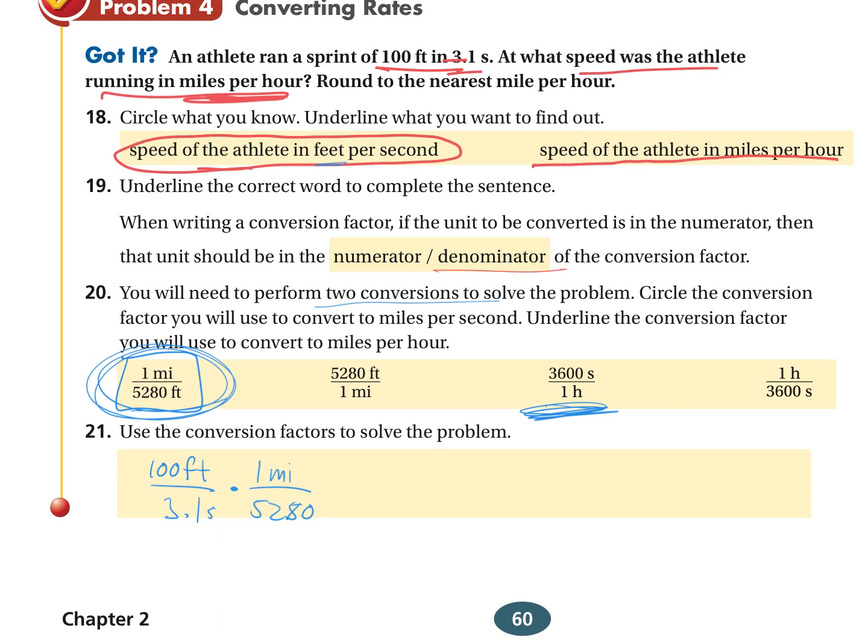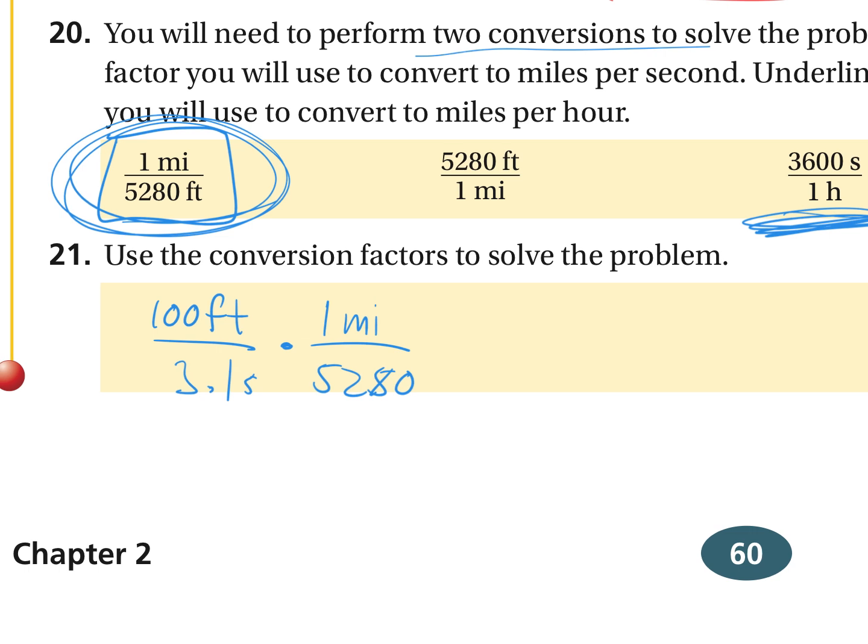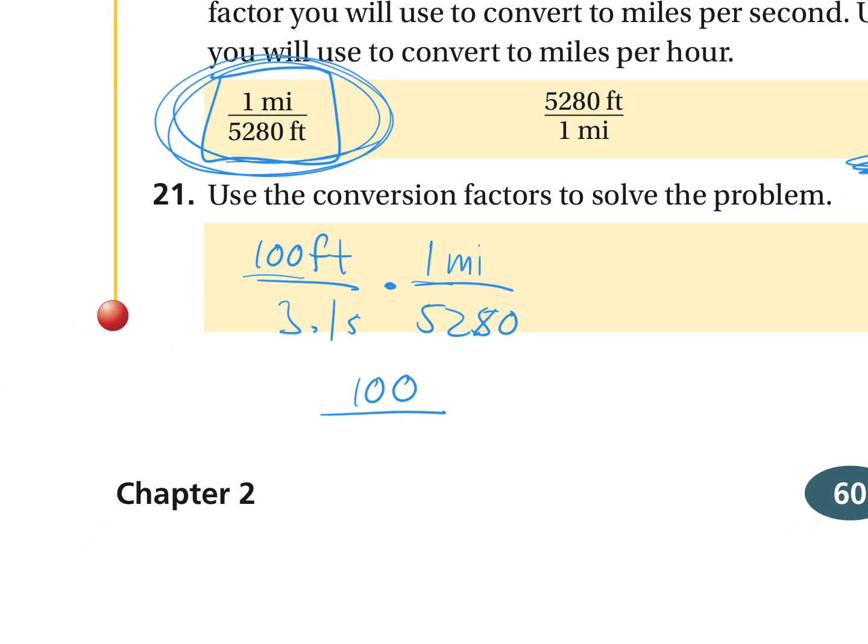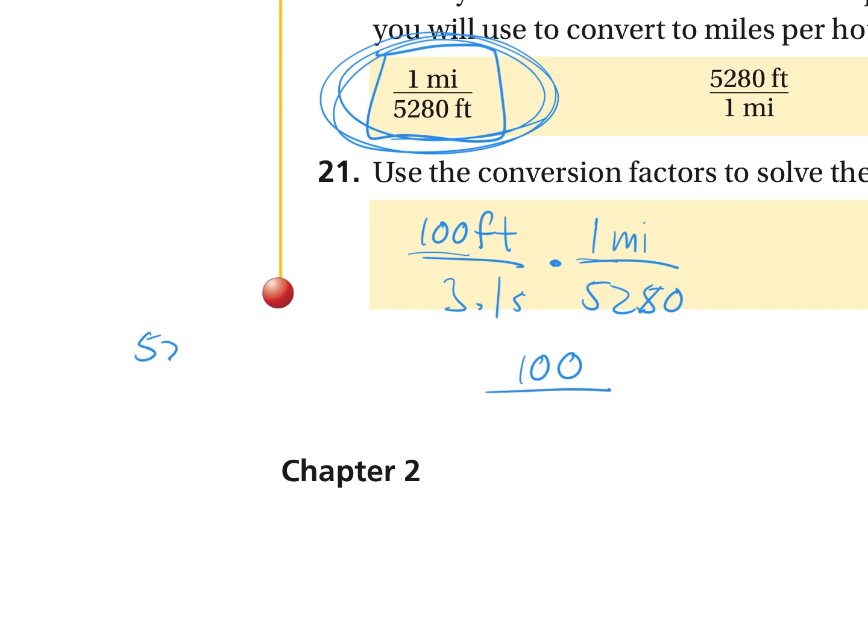Now to convert this, we want to treat it just like a fractions. If you're multiplying fractions, you can go straight across. So 100 times 1 is 100, divided by 3.1 times 5,280. We can do that right here, times 3.1, and then 1 times this whole thing is going to get us the exact same thing.